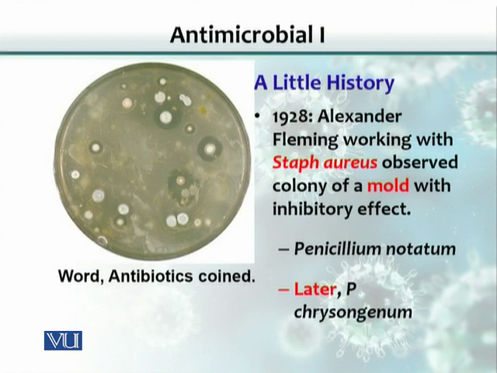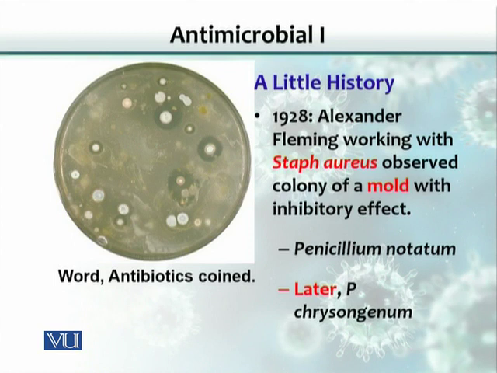When he probed further into this colony of mold, he found that it was a Penicillium notatum colony. He also coined the word antibiotics. Later, another species of Penicillium called Penicillium chrysogenum was used for mass production of penicillin.